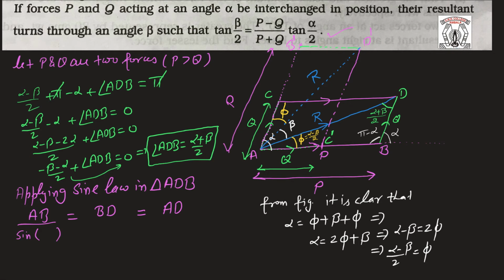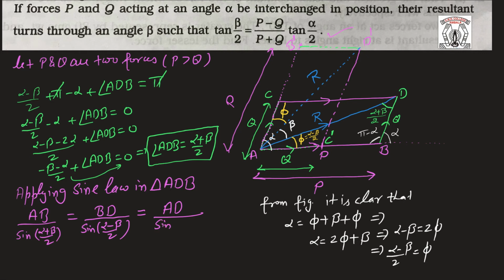Then BD: the sine of the angle opposite to this side will be alpha minus beta by 2. Now for AD, the sine of the angle opposite to this side is sine of pi minus alpha.